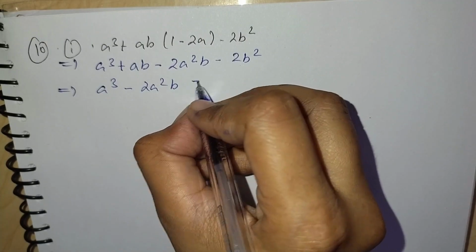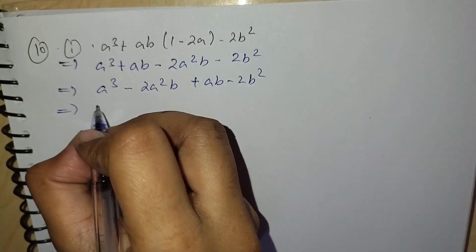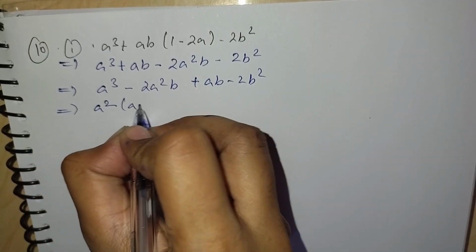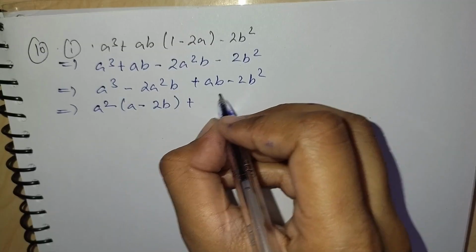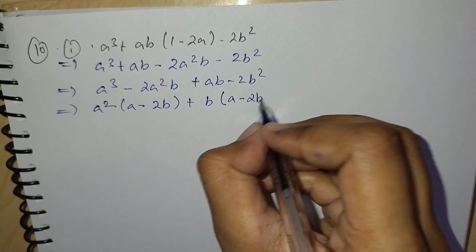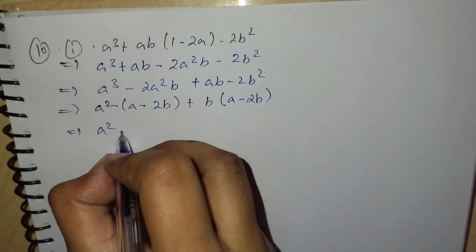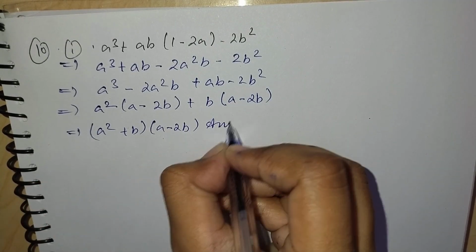Now here plus ab minus 2b square. Here we can write as common as a square, a minus 2b. Now here we can take common as b. So a minus 2b again. We can write it as a square plus b, and here a minus 2b as the answer here in this question.